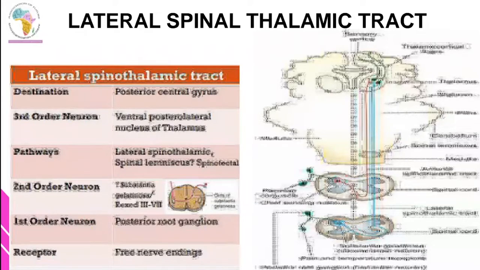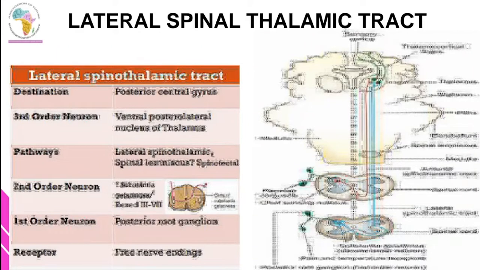That's one aspect I want you to appreciate about these tracts. In the case that someone sustained an injury in this region, or maybe had a tumor in this region, the patient might have bilateral loss of pain sensations.